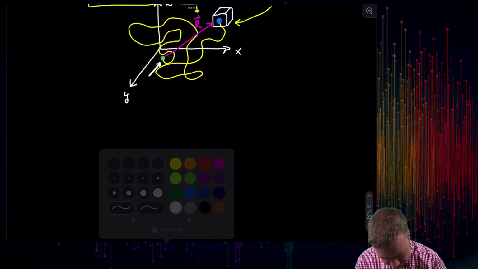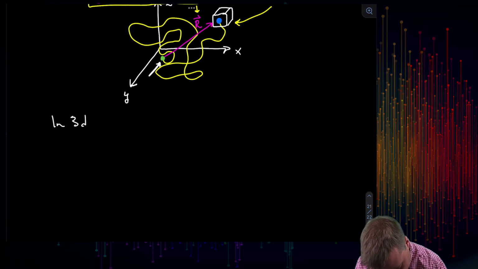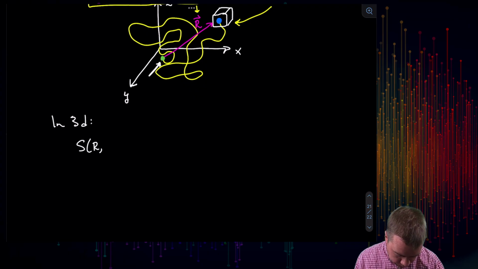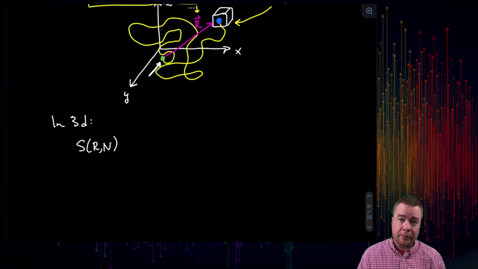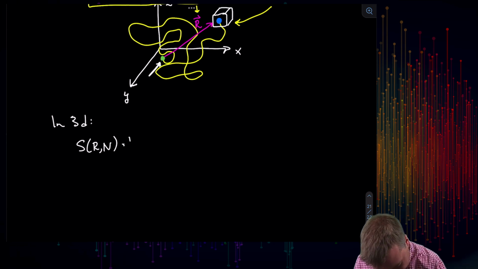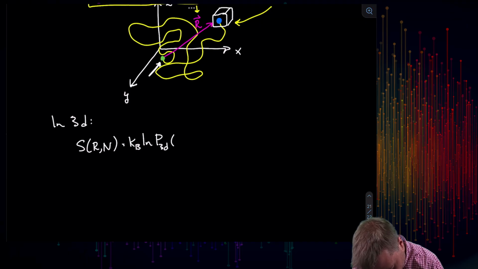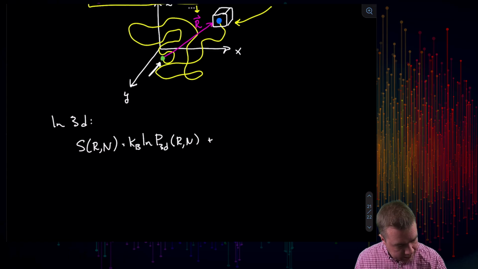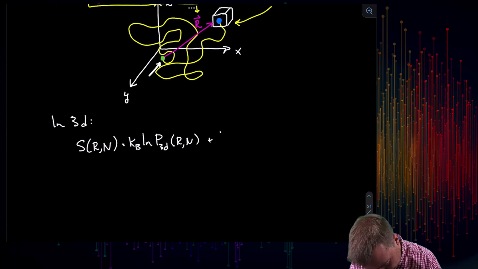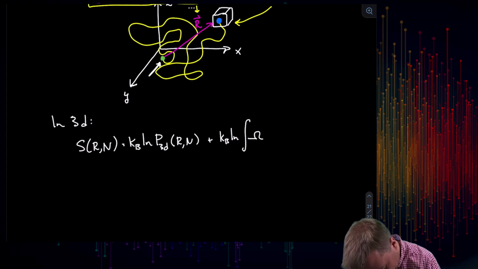So in 3 dimensions, the entropy of a polymer chain that has a size r and a degree of polymerization n is going to be Kb times the logarithm of that 3D probability plus Kb times the logarithm of the integral of the number of microstates. Let's use consistent notation, so say r and n dr.